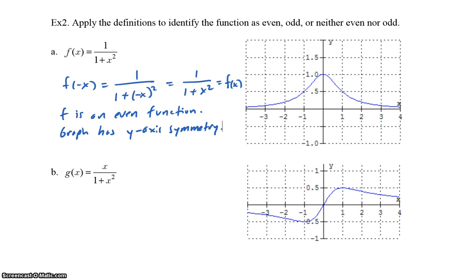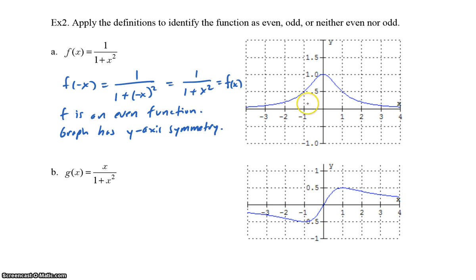We now continue with example 2, part A. We had already established algebraically that f is an even function and mentioned that the graph has y-axis symmetry. And I want to explain what we mean by y-axis symmetry.